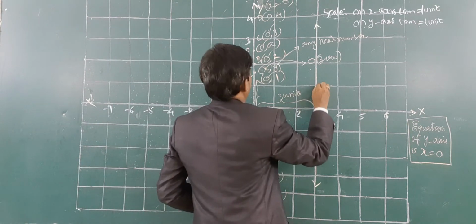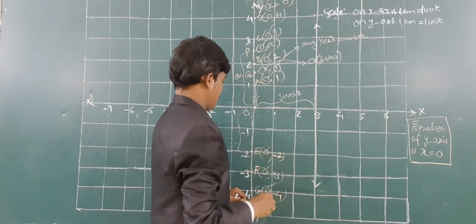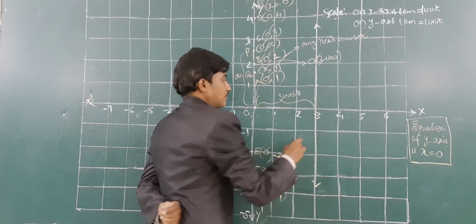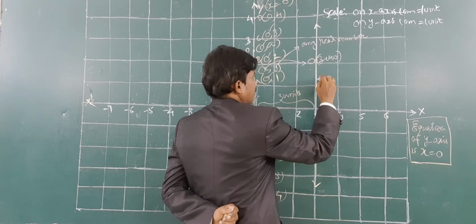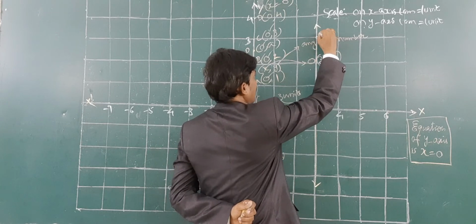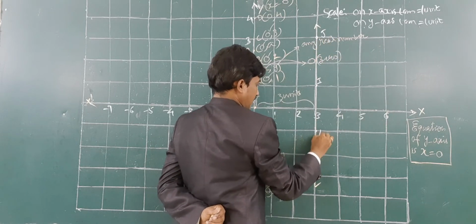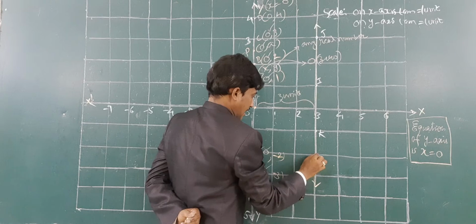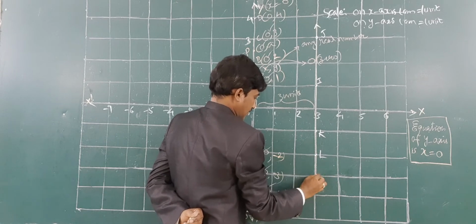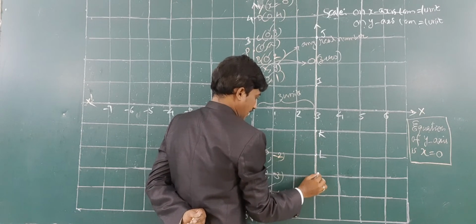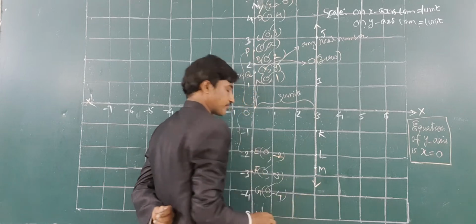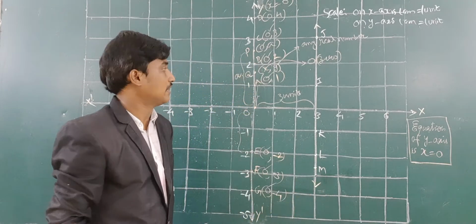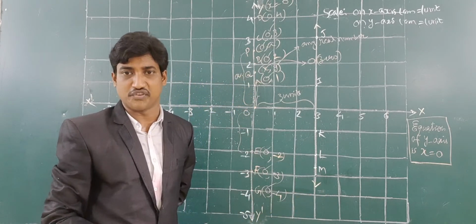Let us take some points here: I, Z, K, L, some point M. Let us write the coordinates of each point.